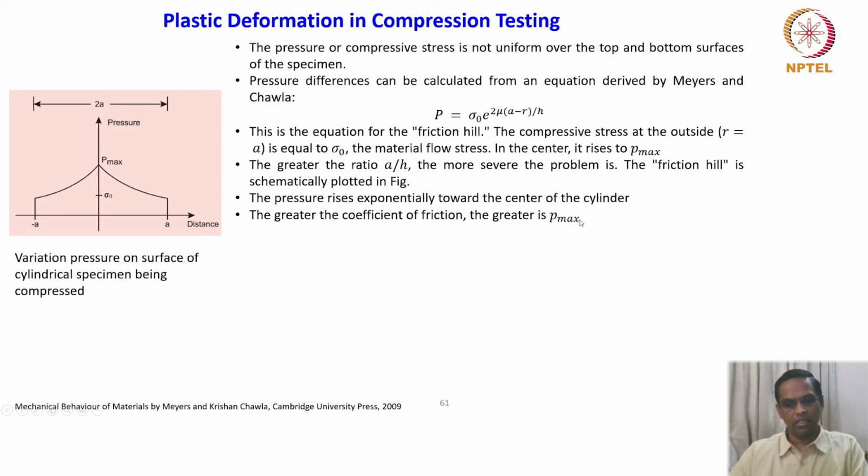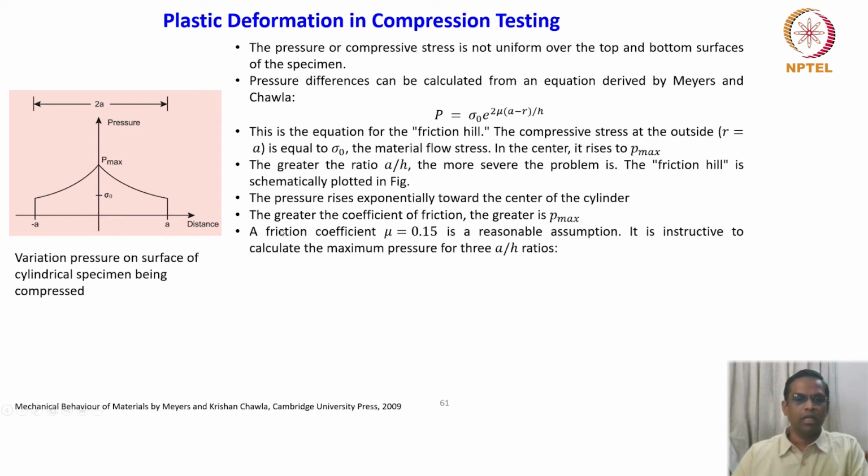So the idea is you can reduce the friction to reduce this effect and make sure that the proper A by H is chosen, and the geometry of the specimen is also taken care of, made uniform, flat, and so on, to get reasonably good data. A friction coefficient mu equal to 0.15 is a reasonable assumption.